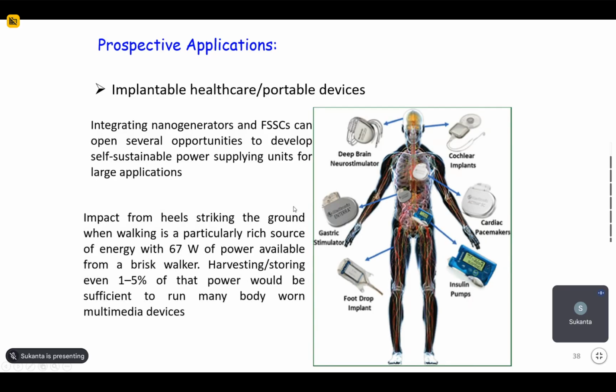Another thing is impact from heel strike when we walk. The impact of heel striking the ground when walking is a particularly rich source of energy, with 67 watts of power available from a brisk walker. This is for average walking. Harvesting or storing 1 to 5% of this and using the supercapacitor will be sufficient to run many body-worn multimedia devices.